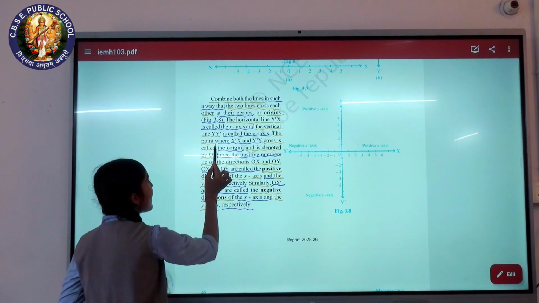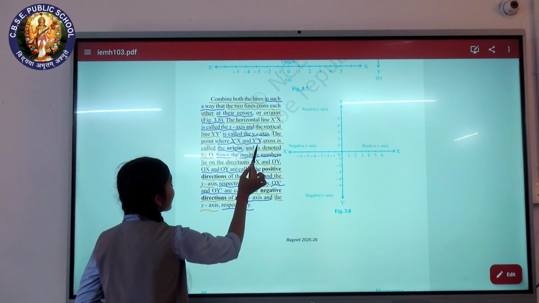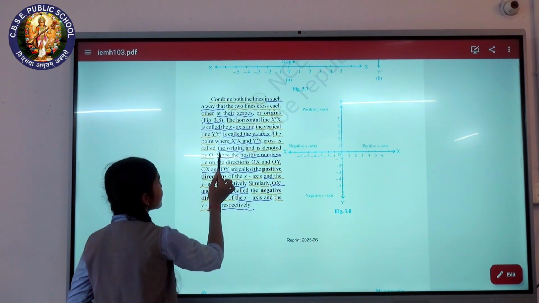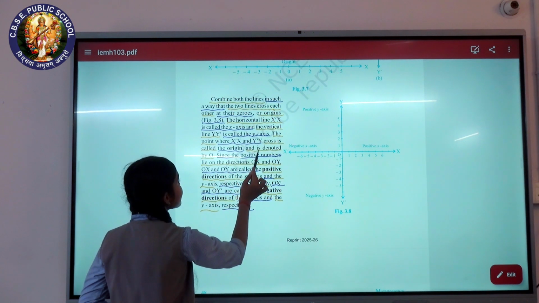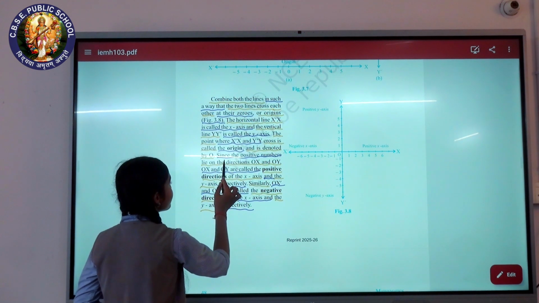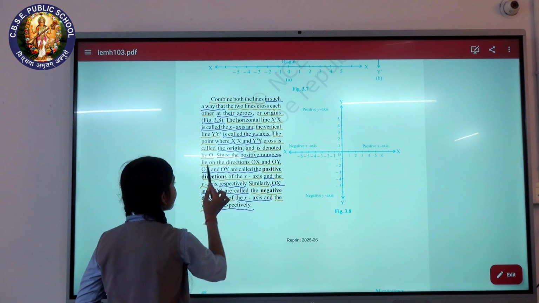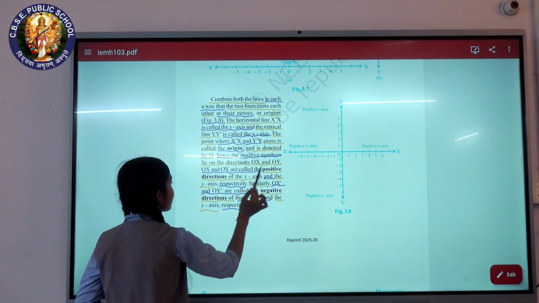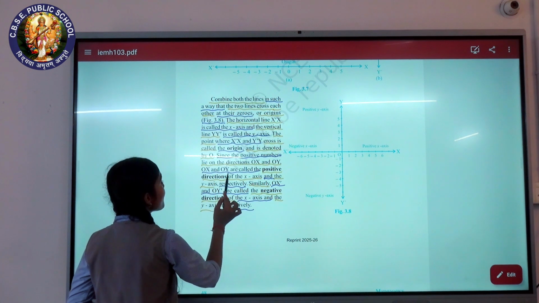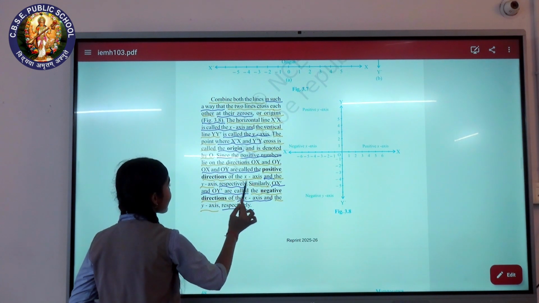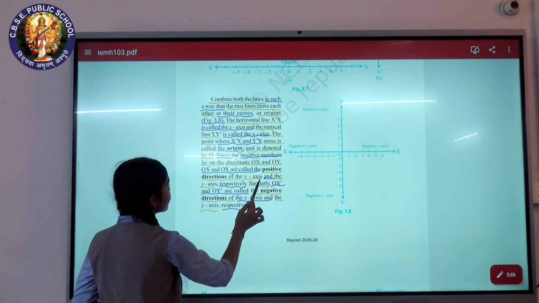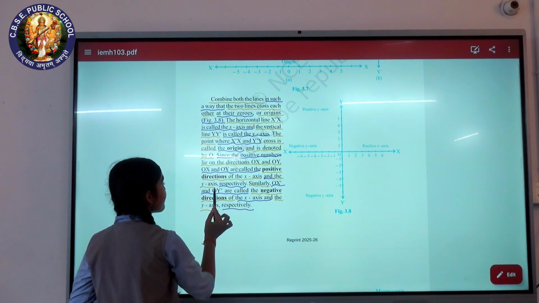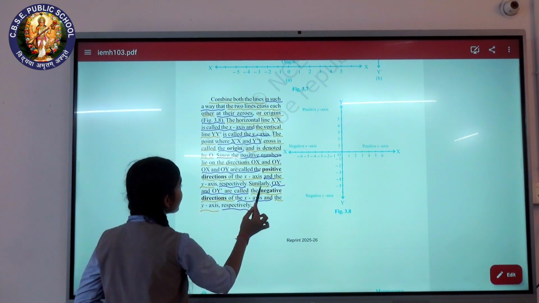The point where x dash x and y dash y cross is called the origin and is denoted by O. Since the positive numbers lie in the directions OX and OY, OX and OY are called the positive directions of the x-axis and the y-axis respectively.